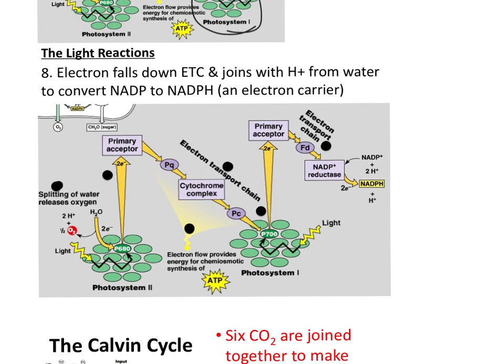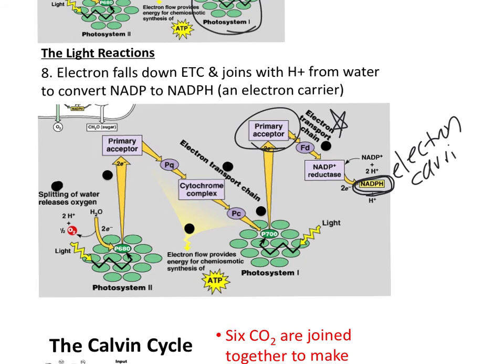After the primary acceptor grabs that electron, there is a second electron transport chain that ends in the production of NADPH. So we are making a high energy electron carrier. That electron carrier will get used in the Calvin cycle. So at the conclusion of the light reactions, we have made oxygen, ATP, and NADPH. We have used water and light.